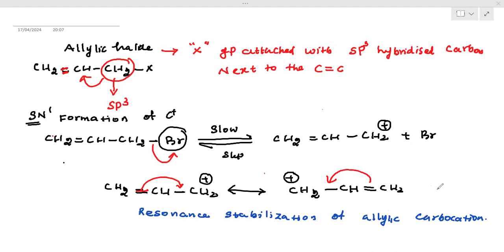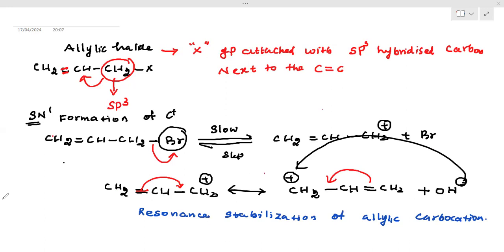In the next step the nucleophile is going to attack at any one of the electrophilic centers. It attaches there, and we will get the product. Joining it and writing, we get the product, and this is the mechanism followed in the allylic cation.